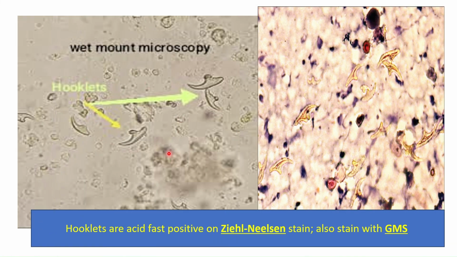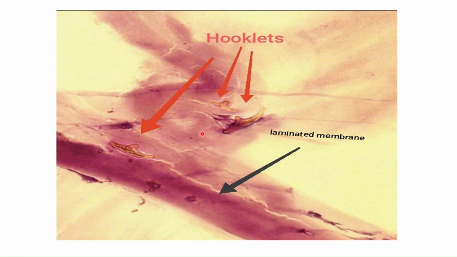This is a wet mount microscopy which contains plenty of hooklets which are acid-fast positive on Ziehl-Neelsen stain and stain with GMS. This is a stained slide containing many hooklets and laminated membrane.